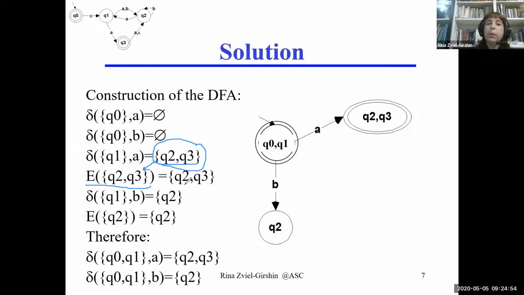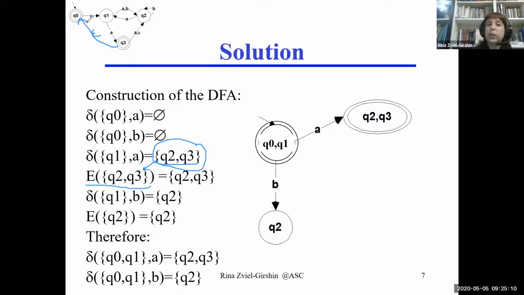For example, I can have an epsilon transition from Q2 or Q3 to Q0. So on A, I moved to Q3, but with an additional epsilon transition, I can return to Q0. And with two epsilon transitions, I can go even to Q1.